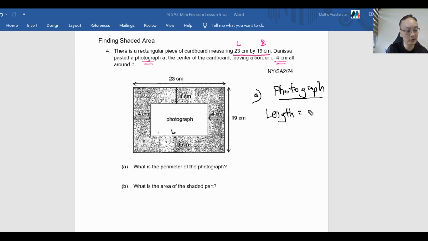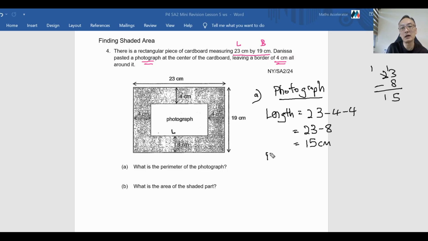So it will be 23 minus 4 minus 4, or we can combine them to be 23 minus 8. So 23 minus 8 will give us 15.